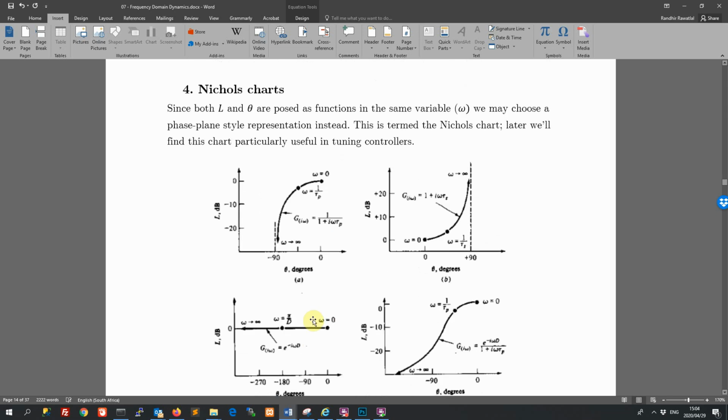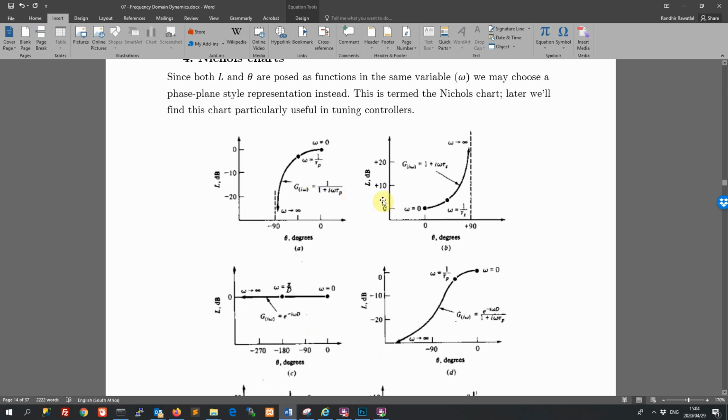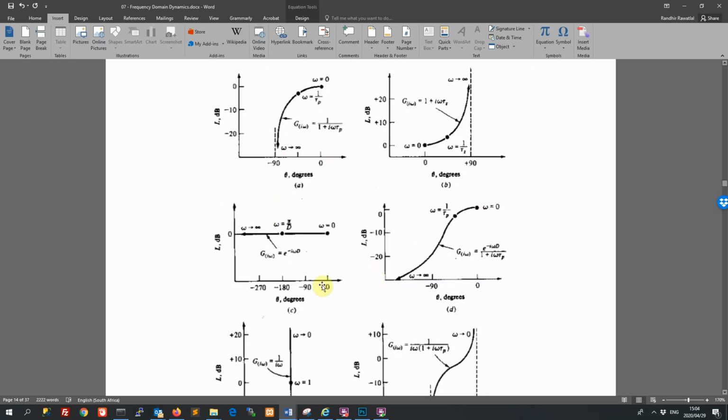Here, we are just plotting all those different functions we saw before. For the first order lag, it goes down like that. For the first order lead, it goes up like that. For the delay function, we get something moving in from 0.